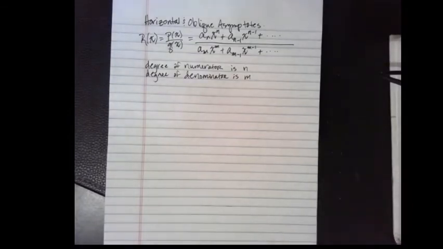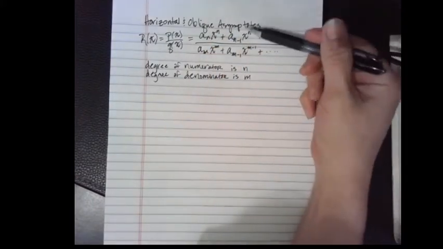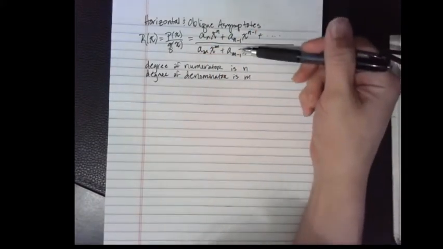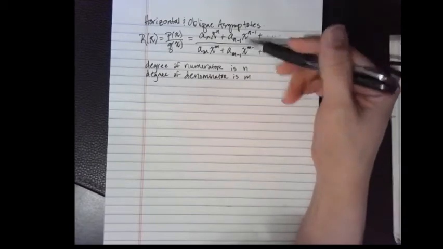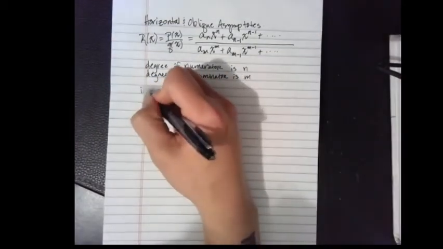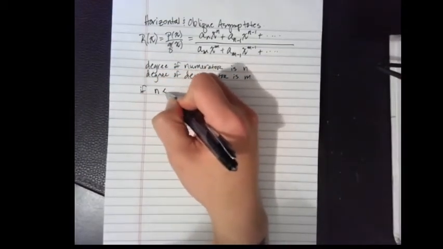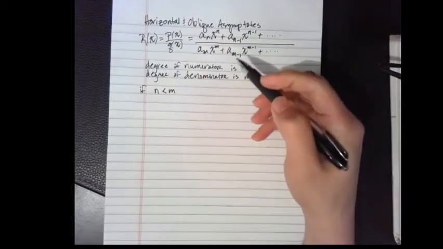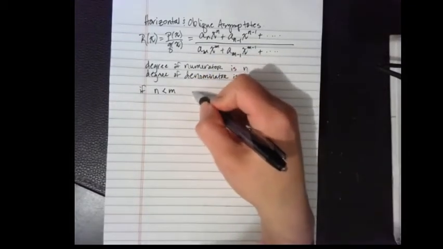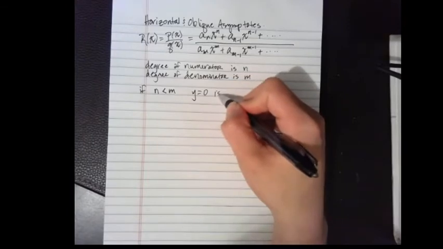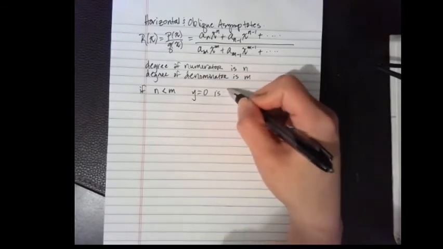When we're looking for horizontal and oblique asymptotes, we're really looking at the degrees of the numerator and denominator. If n is smaller than m, then y equals 0 is the horizontal asymptote.